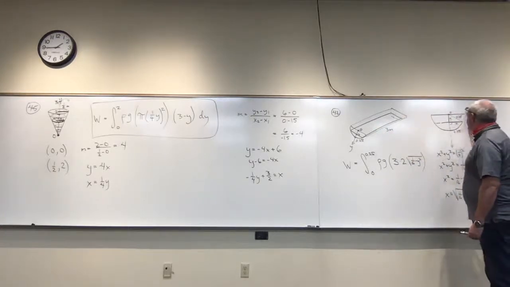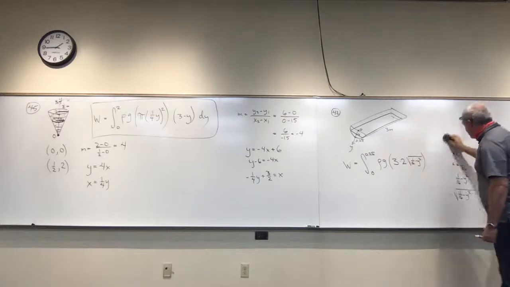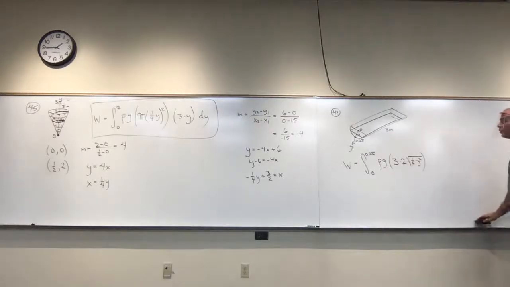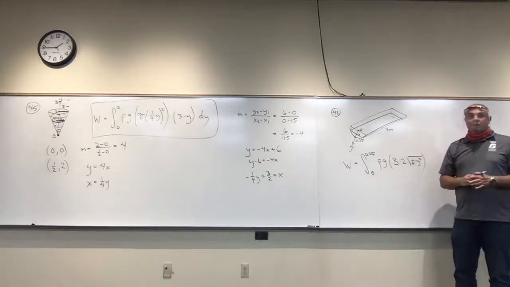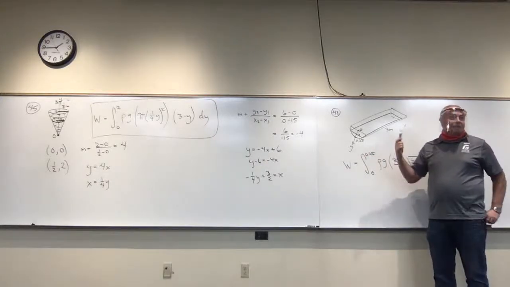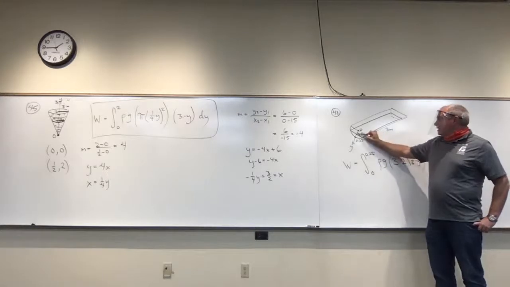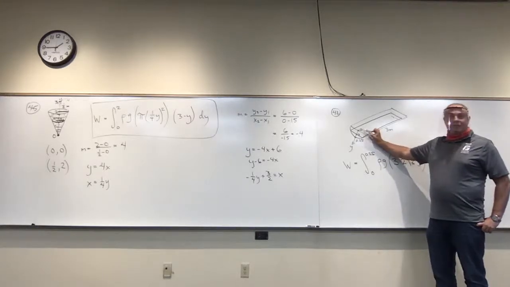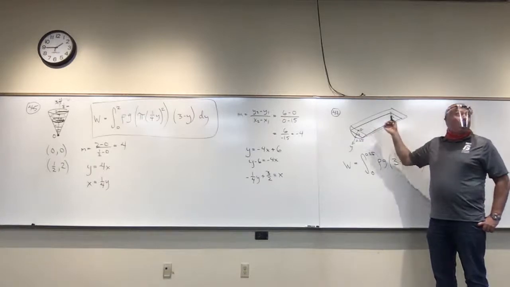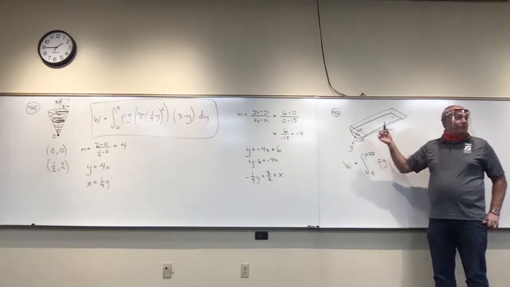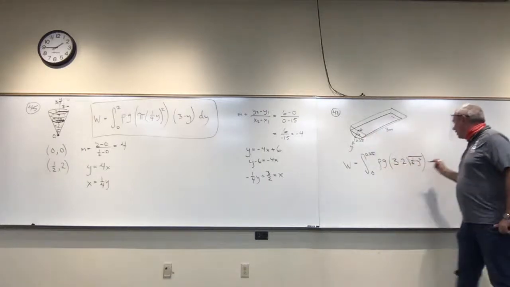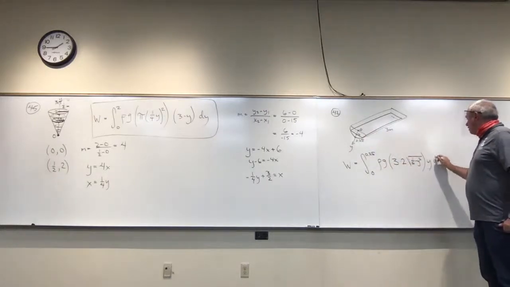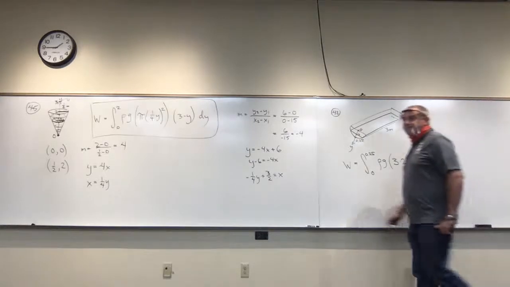And the last thing that we need here is we just need to know how high do I need to pump the water. So I'm just pumping it out of the tank, right? So if I'm at a depth of y, how far do I need to pump it back out? Just y. Everybody agree with that? So if I'm down y, I just need to pump it up y. So this is y dy.